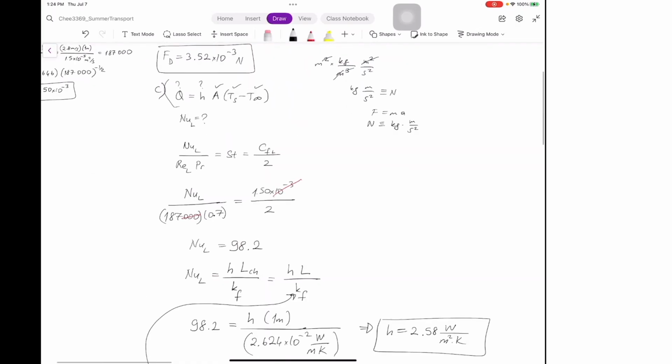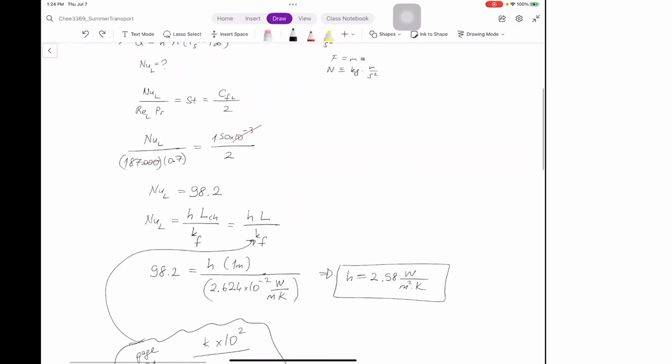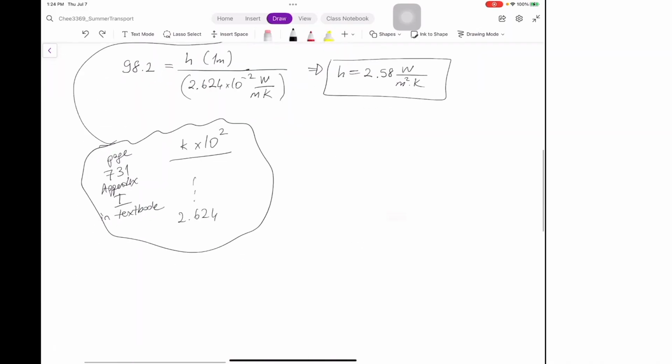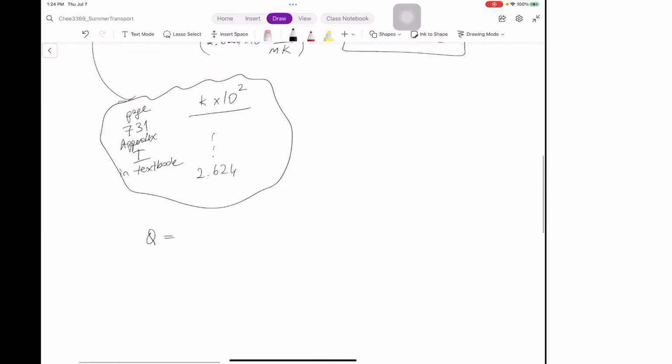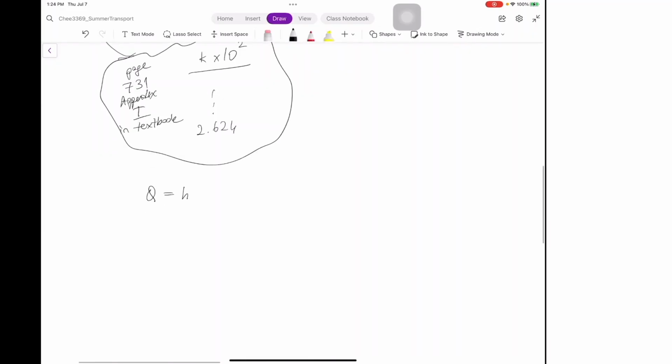Now I can find out the Q. So the Q is equal to H A T surface minus T infinity. Oh, what was the T surface? Let me find the problem. Yeah, 80 degrees centigrade.